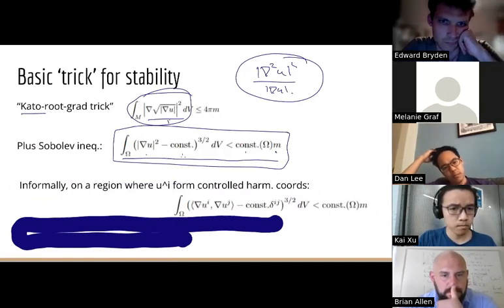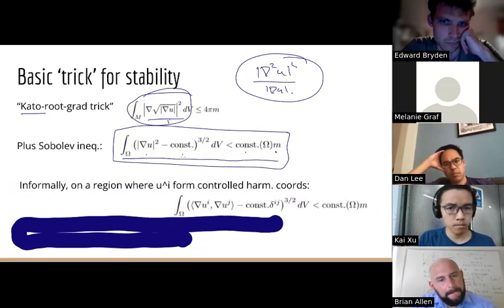Informally, if you're working on a region where u1, u2, u3, the harmonic functions that are asymptotic to x1, x2, x3, are roughly well behaved, like they're kind of orthogonal in a weak sense, which should follow from the mass formula, on some domains you could then say something like the following.